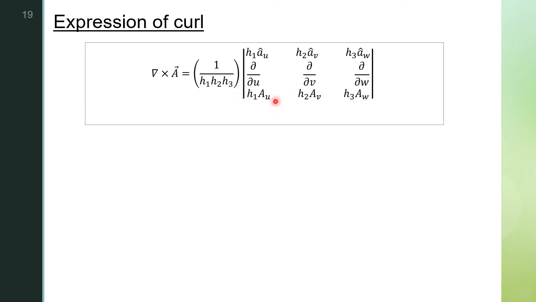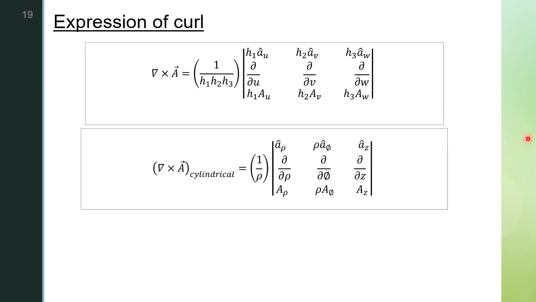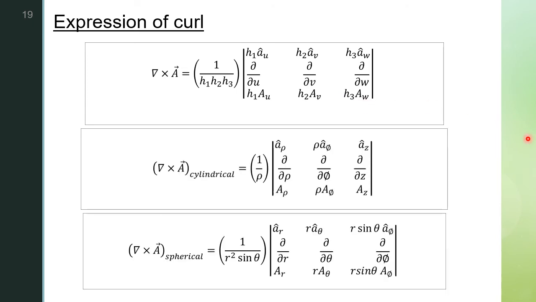And in the last row, we have h1 into the magnitude along the u direction, h2 into the magnitude along the v direction, h3 into the magnitude along the w direction. Similarly, we can substitute the values of h1, h2, h3 for u, v, w corresponding to cylindrical and spherical coordinate systems and get the expressions of the curl of the vector in cylindrical and spherical coordinate systems.